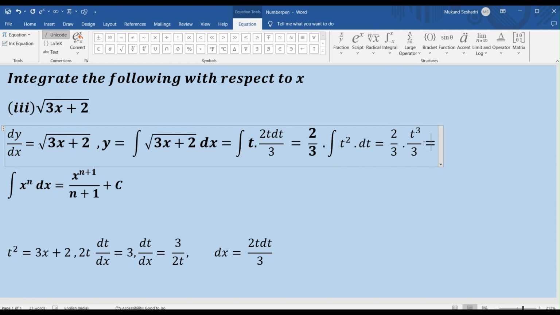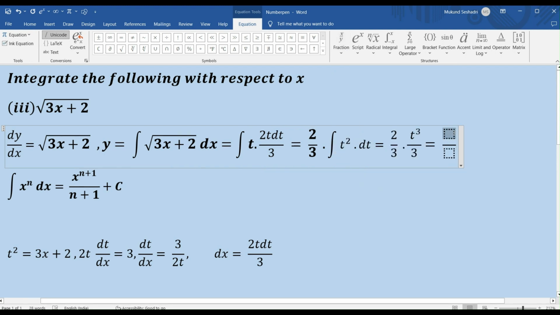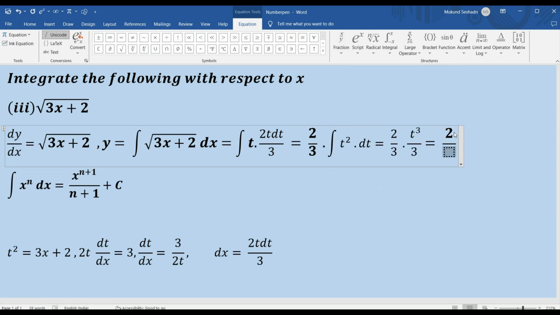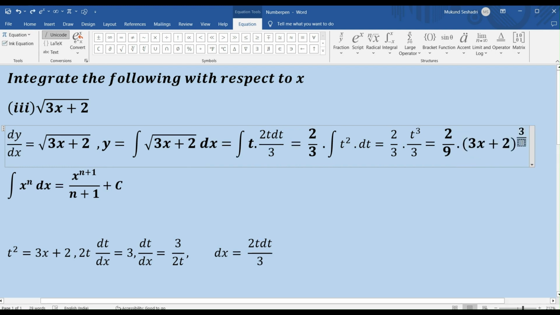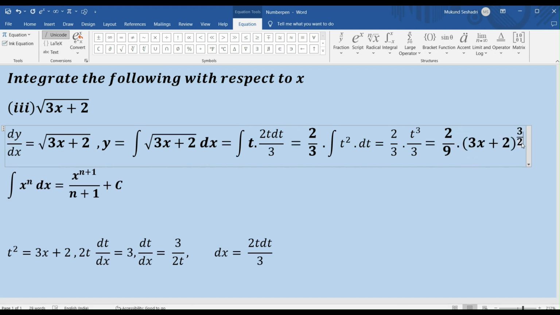Which is in terms of t, and therefore I will have to put back everything in terms of x, right? 2 by 9 times t cube, and what is my t? My t is square root of 3x plus 2. Therefore, my t cube is 3x plus 2 to the power 3 by 2.